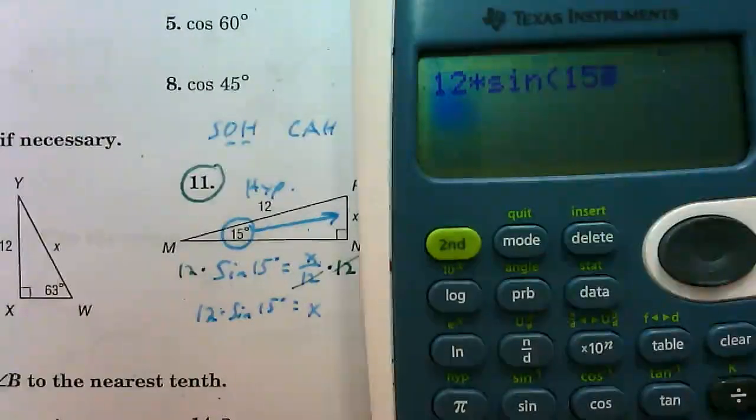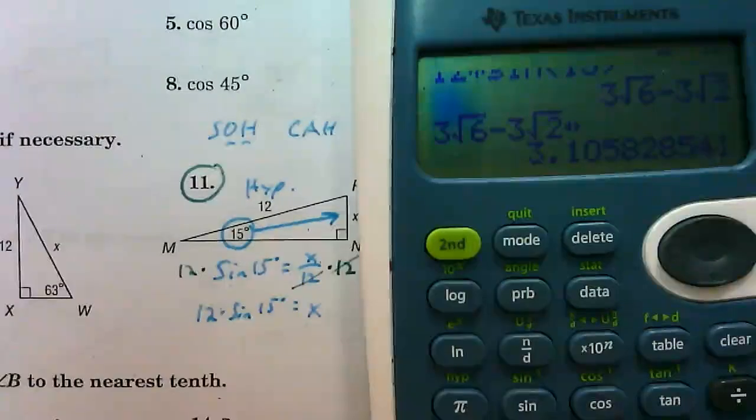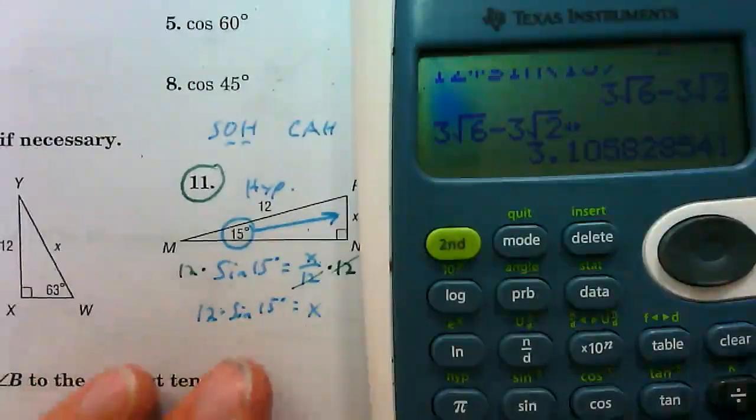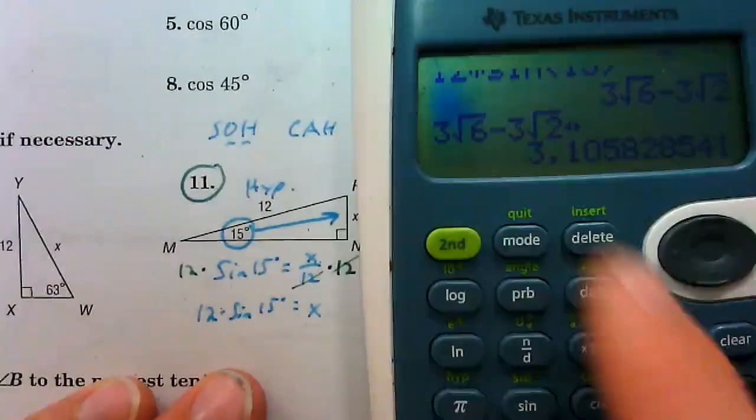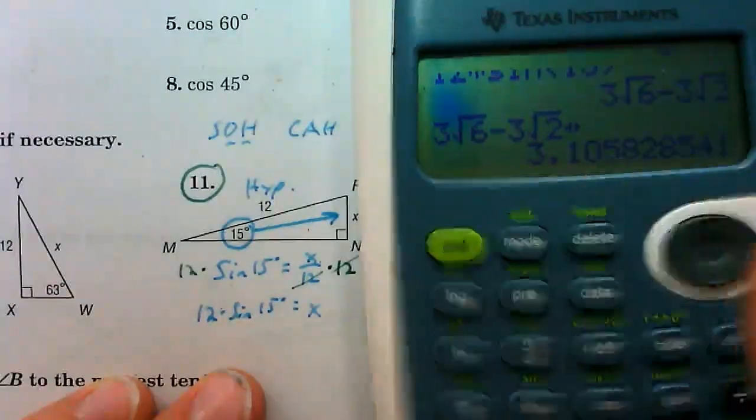I typed the whole thing in. If you want to close the parentheses, you can. Don't have to. That gives me some crazy answer. Again, this calculator is simplifying radicals. I don't want that answer. I hit the double arrow key and it changes it for me to decimal. And it told me round if necessary to the nearest hundredth, which is 2 decimal places, so that'd be 3.11.